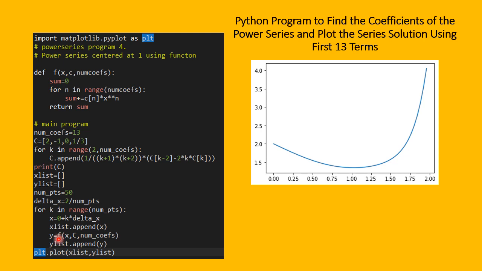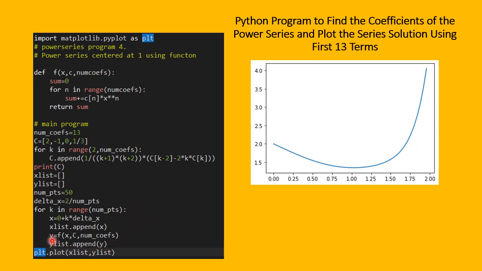Then we will compute y equals f of x for that power series representation, at least the first 13 terms of the power series. In order to compute f of x, I also have to pass this Python function c, the list of coefficients, and the number of coefficients that I am using in the computation. f is defined up here. We'll look at it in a minute.